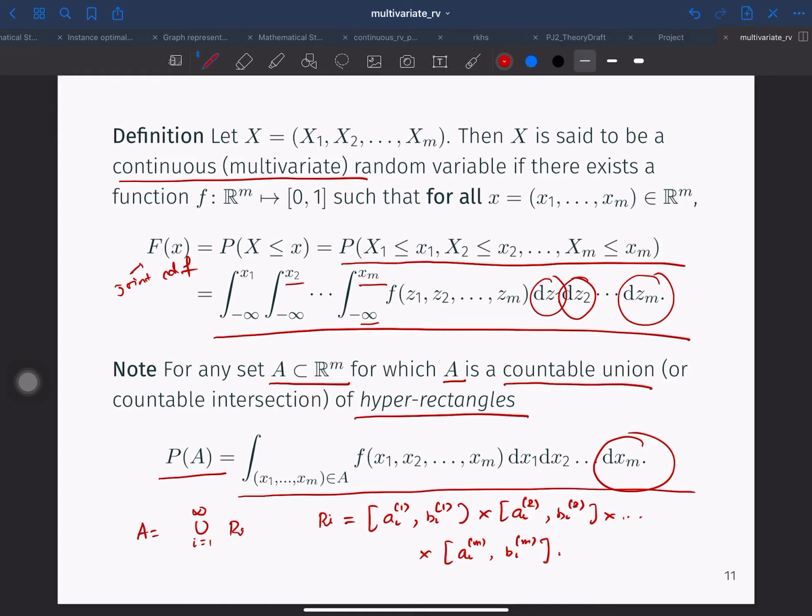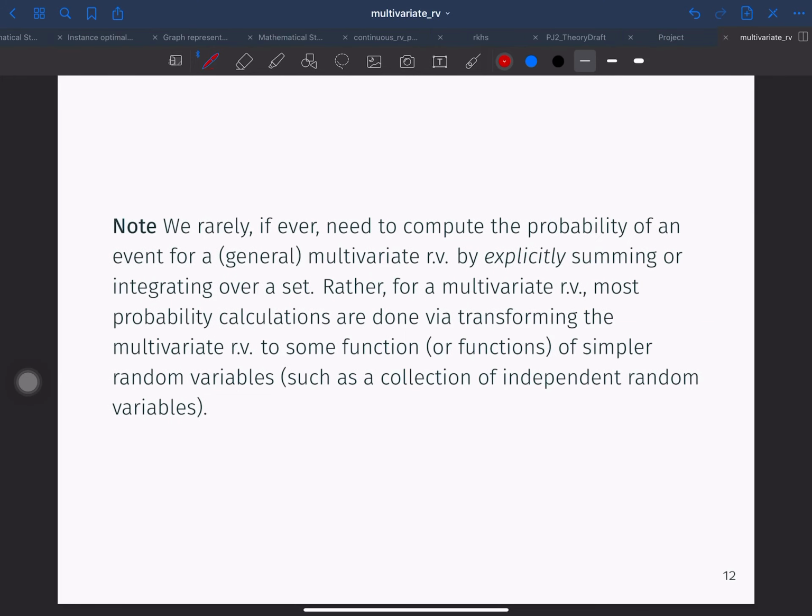So this all looks messy, but luckily, we rarely, if ever, need to compute the probability of an event for a general multivariate random variable by explicitly summing or integrating over the set. In practice, nobody ever computes a multivariable integral, except in very, very special cases.